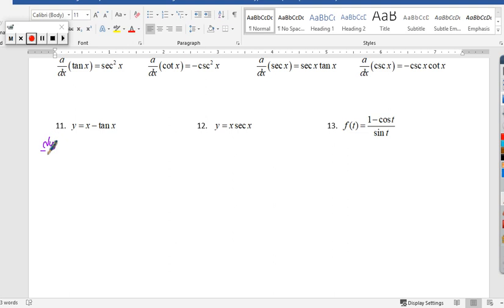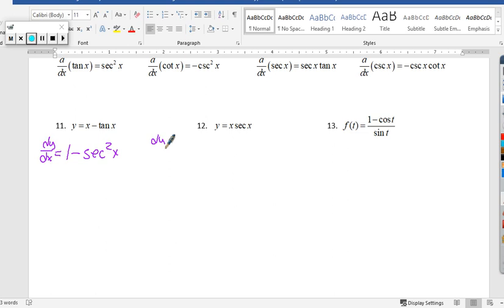So dy dx, the derivative of x is just 1, minus the derivative of tangent x, which is just secant squared x, and we can just leave it as that. For number 12, we do have a product. We could use the product rule with these trig functions.